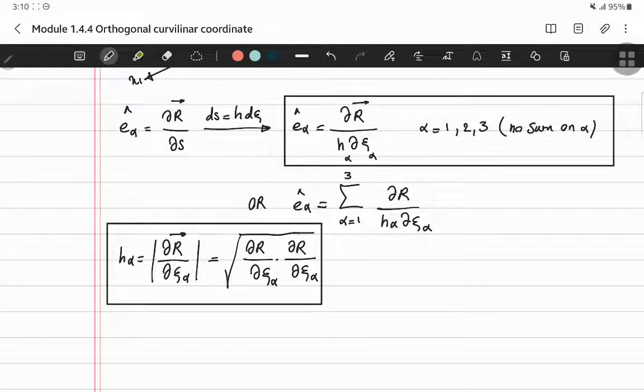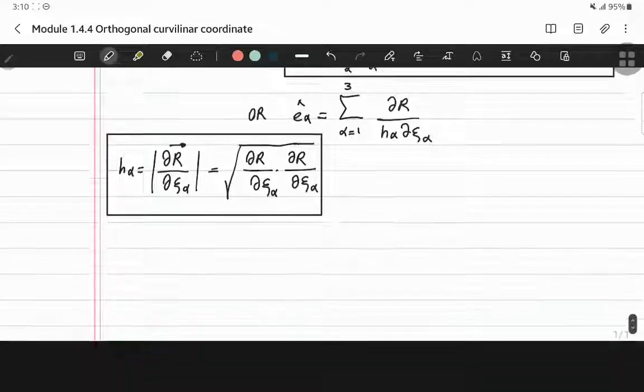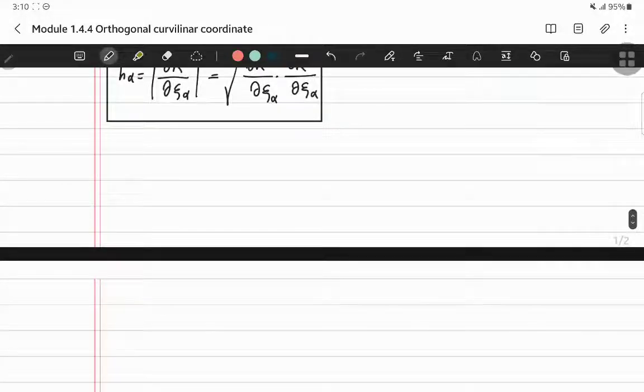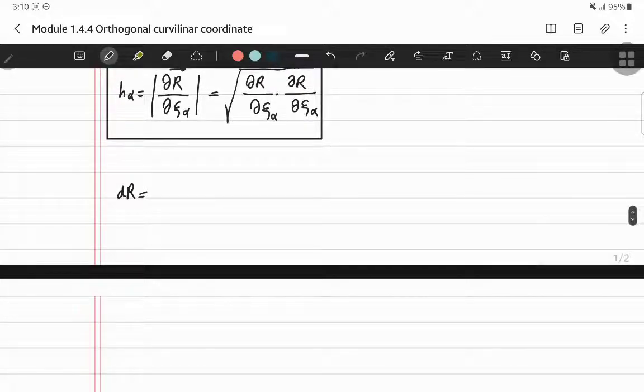We also need some other definitions, like what is the definition of dr? So basically, dr is nothing but the partial derivative of r with respect to z alpha, d z alpha.